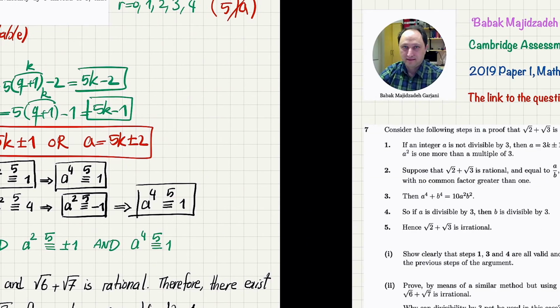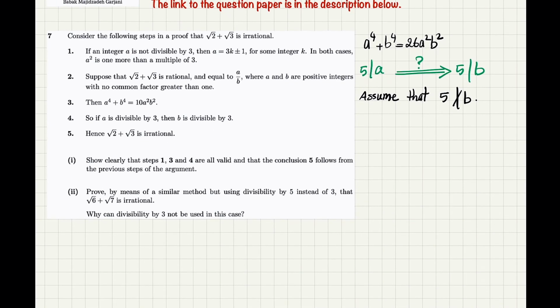Okay, so what I know is that if 5 does not divide b, I realize that b to the 4 is congruent to 1 modulo 5.